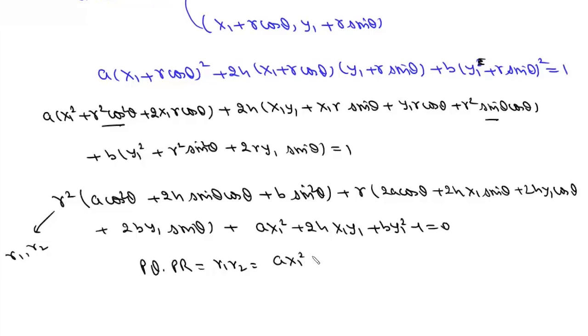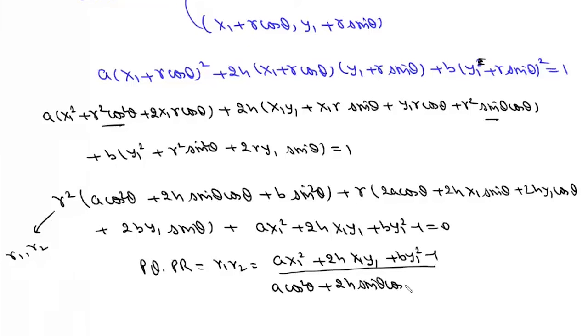So which is (a x1 square plus 2h x1 y1 plus b y1 square minus 1) upon (a cos square theta plus 2h sin theta cos theta plus b sin square theta).